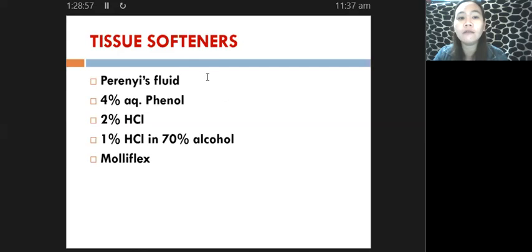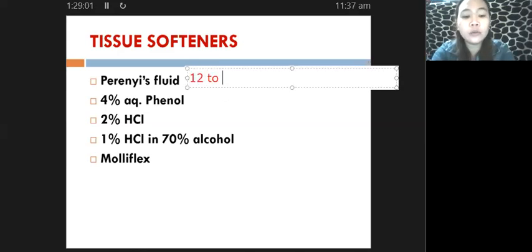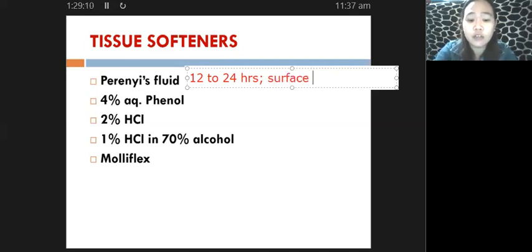Actually, your Perenyi's fluid can also be used for surface decalcification.